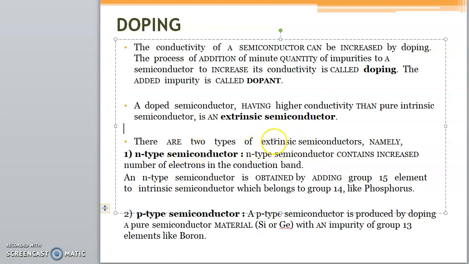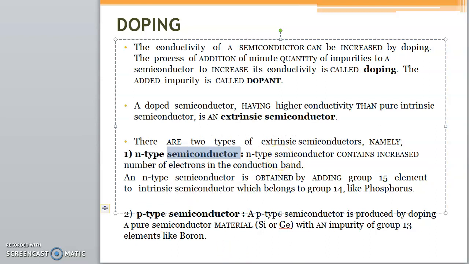Now there are two types of extrinsic semiconductors. What are these extrinsic semiconductors, my dear students? To an already existing semiconductor, if I add something which eventually increases the conductivity, that semiconductor is called an extrinsic semiconductor. Now, what are the two types? One is N type. N stands for negative, and there is P type. P stands for positive. So N type semiconductor and P type semiconductor.